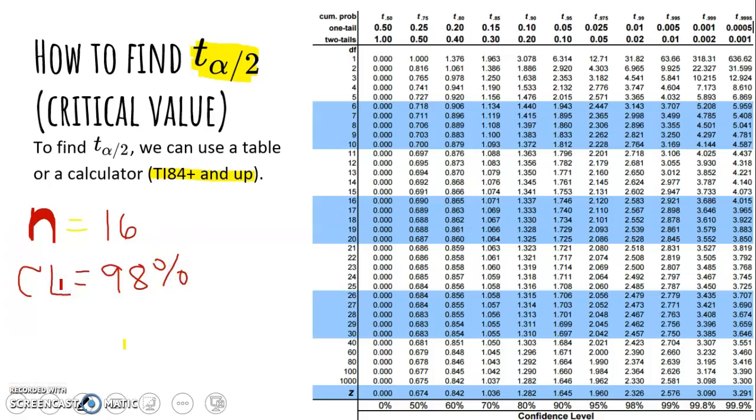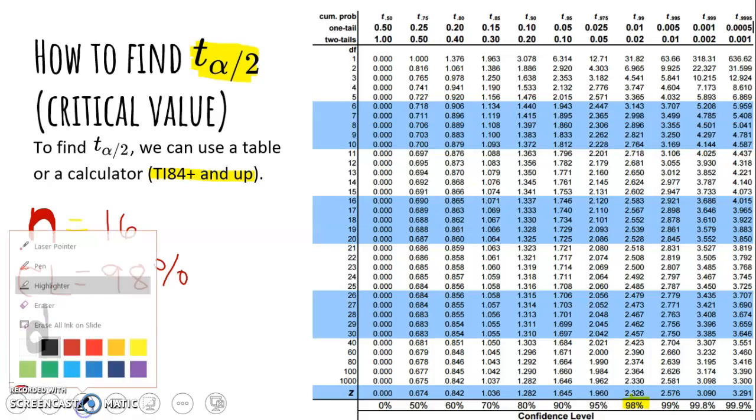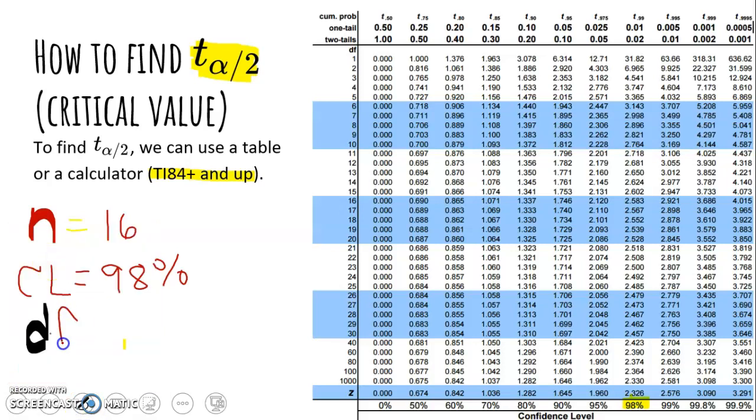Okay? So we're going to go down to the bottom here and find 98%. That's here. 98%. And we are going to go up to our degree of freedom. Now our degree of freedom is equal to 16 minus 1, your n minus 1, which is 15.